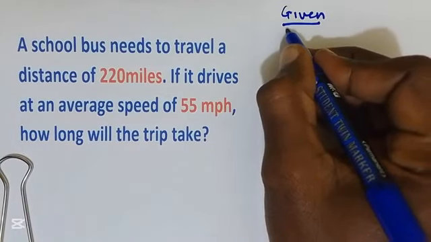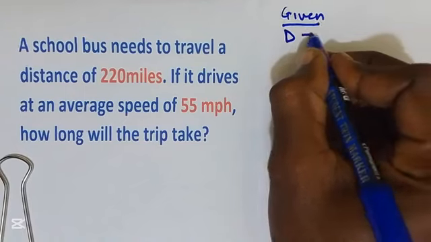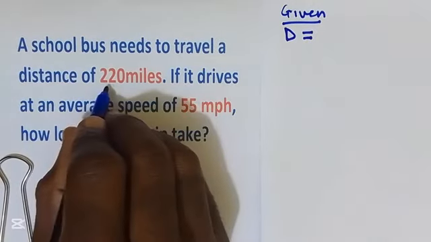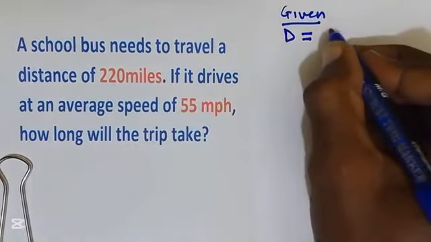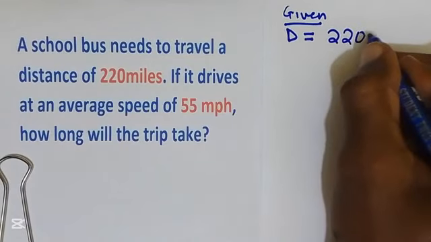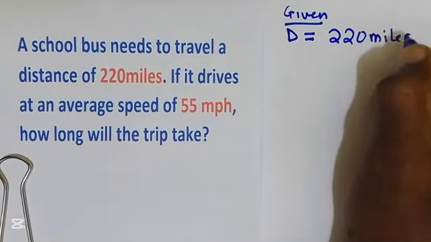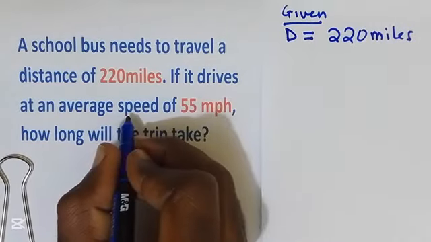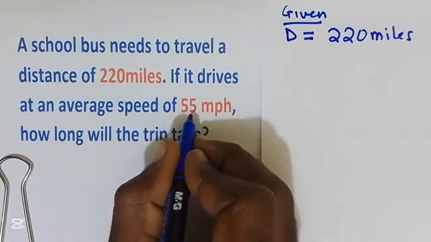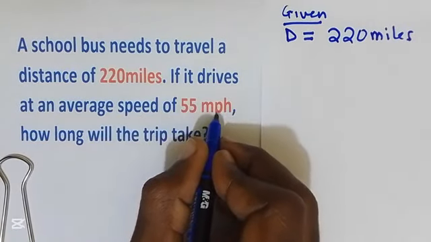They gave us a distance which is equal to 220 miles, and also they have given to us average speed of 55 miles per hour.